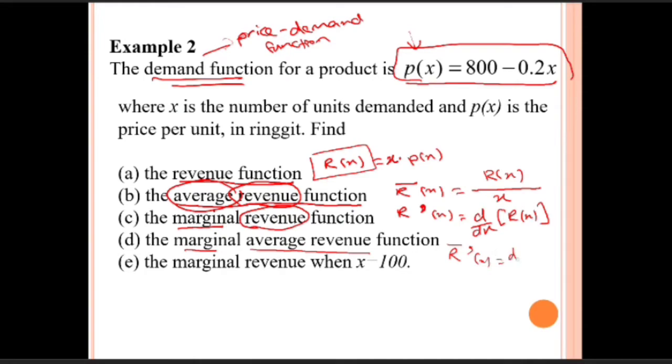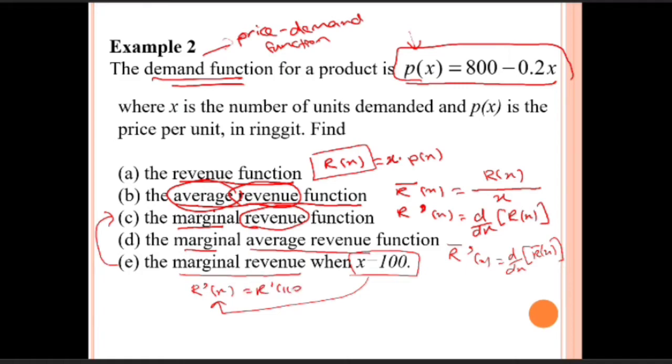So this means we have to differentiate the R bar function to find the marginal average revenue function. E, finding the marginal revenue when X is 100. So this simply means we have to use the information that we have obtained in C, which is the marginal revenue function, R prime, but substitute the X, 100, into this X. So R prime 100, and finding the value.